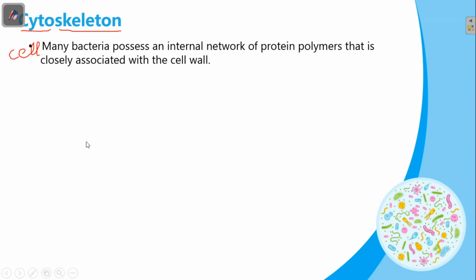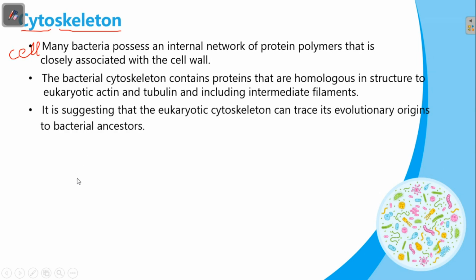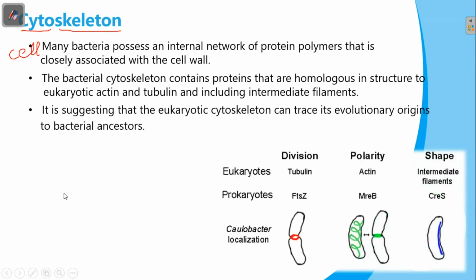Many bacteria possess an internal network of protein polymers that are closely associated with the cell wall. The bacterial cytoskeleton is homologous to the eukaryotic cytoskeleton. The eukaryotic cytoskeleton contains three kinds of filaments.